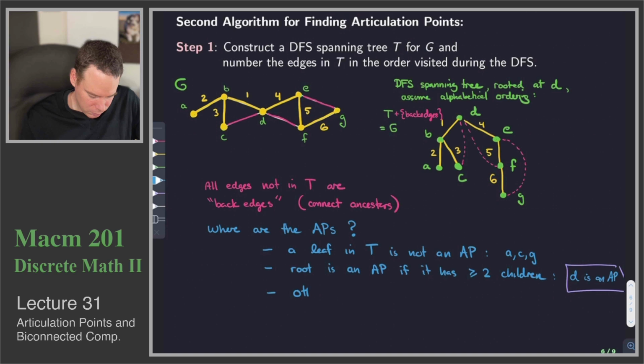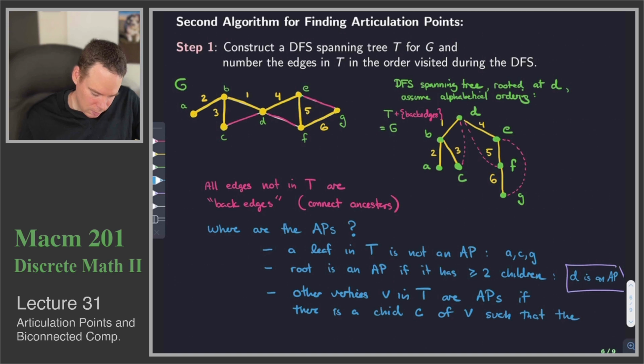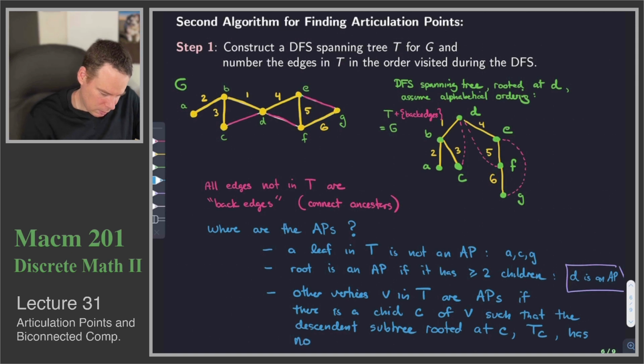So what this means is other vertices V in T are articulation points if there is a child, let's call it C of V, such that the descendant subtree rooted at C, let's call that TC, has no back edges.